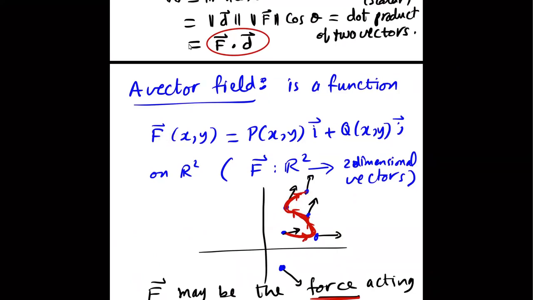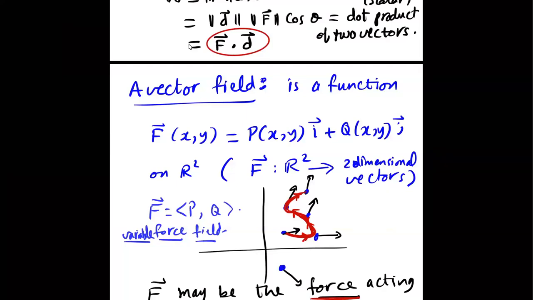Think of F as a force given by some component along i, some component along j, like this. F is simply P as a function of x and y, Q as a function of x and y. This is a variable force field.